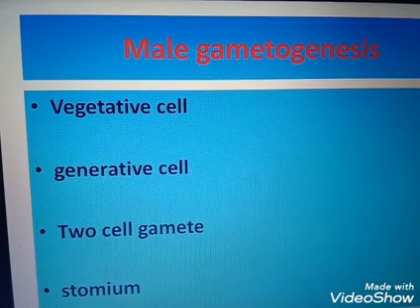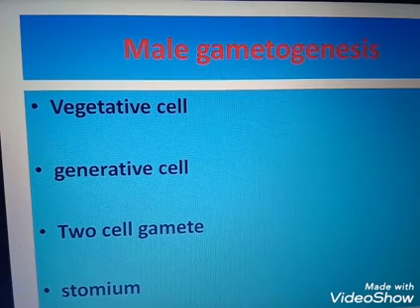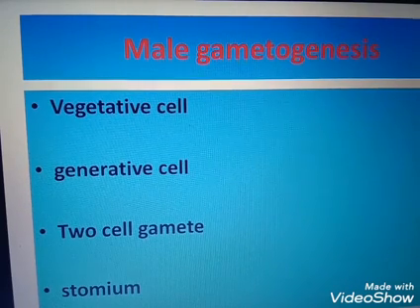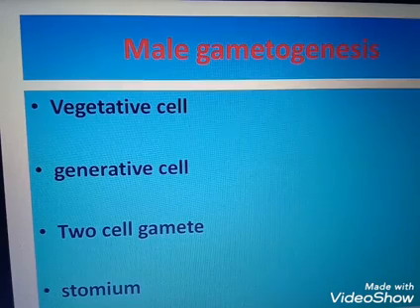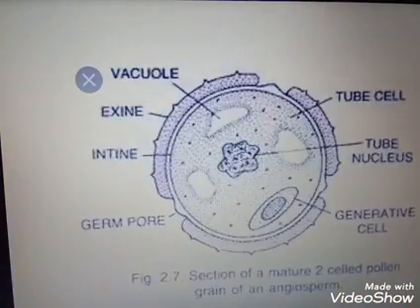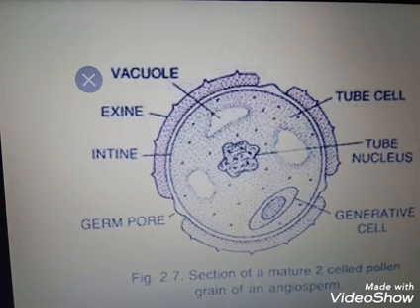Hence the pollen grains are known as the male gametophyte of the angiosperm. On maturation the pollen grain shows two types of cells: the vegetative cell and the generative cell.